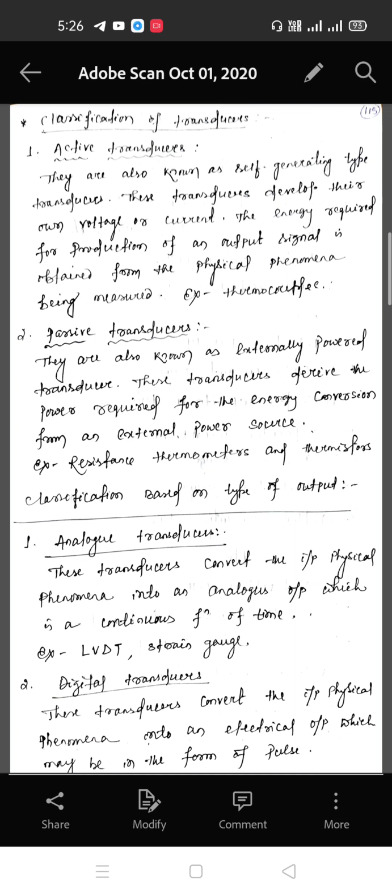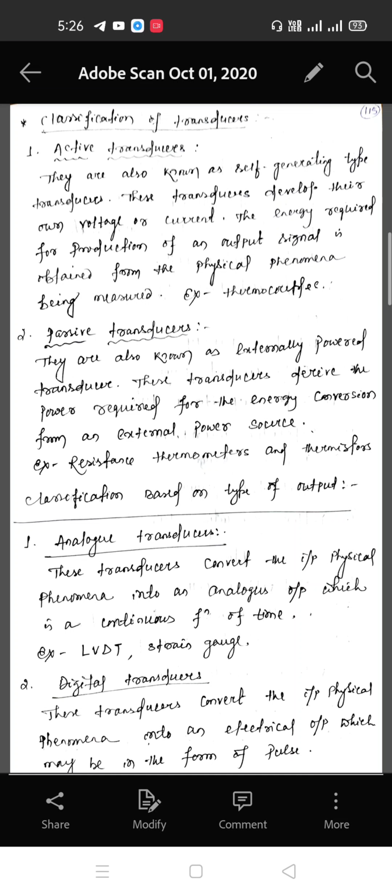Another classification is based on the type of output. According to the output, the classification can be done as analog transducer and digital transducer. As the name suggests, analog transducers convert the input physical phenomenon or signal into an analog output, which is a continuous function of time.